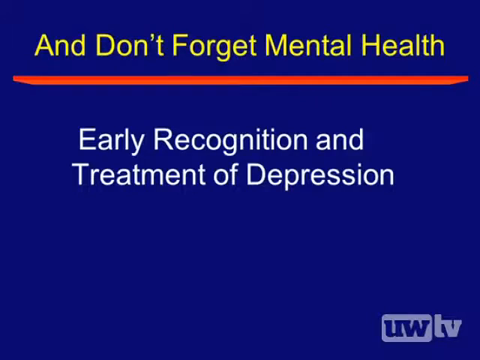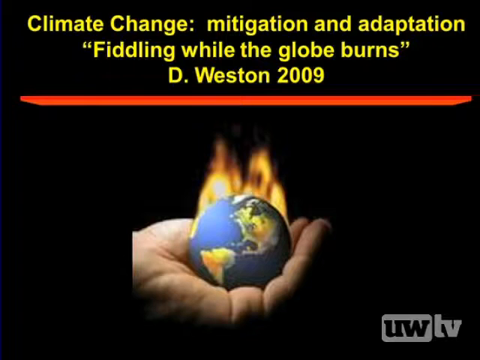And then we shouldn't forget mental health, particularly early recognition and treatment of depression, which, as I indicated, is projected by 2030 to be at the top of the list of causes of disability-adjusted life years lost. And climate change, mitigation and adaptation. Weston came up with this, quote, fiddling while the globe burns, which has sort of been our approach globally to dealing with climate change, basically talking about it but not doing anything about it.